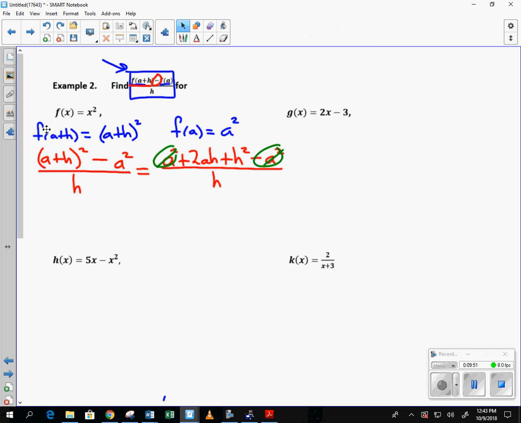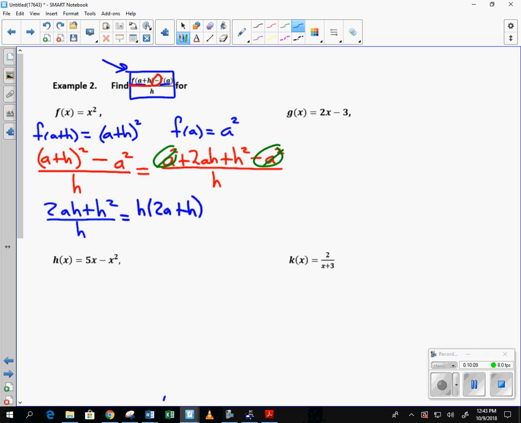And you can see that we have 2ah plus h squared all over h. Well, if everything in the numerator has an h, what can I do? I can factor out the h, and I get h times 2a plus h all over h. Those cancel, and I'm left with 2a plus h.